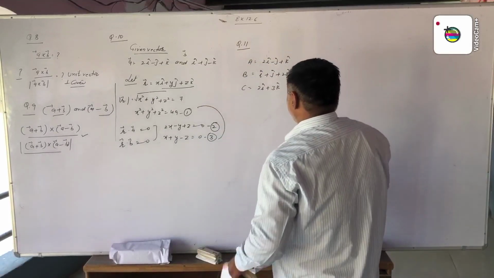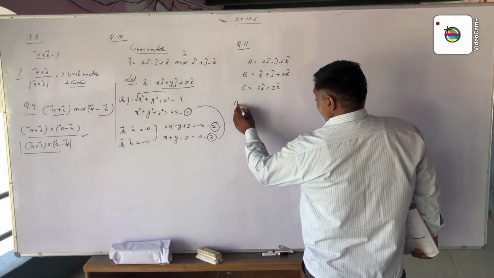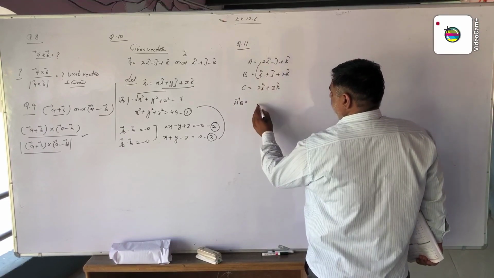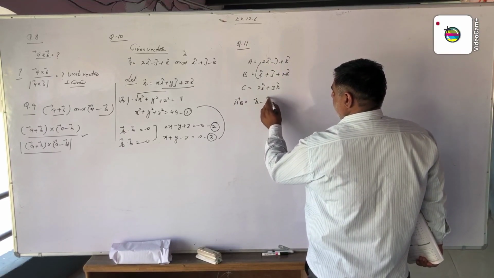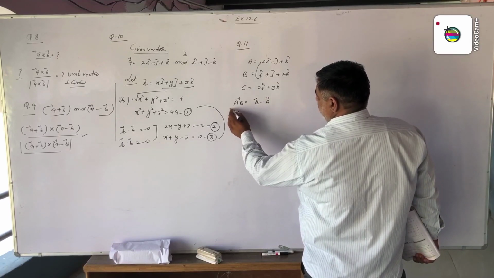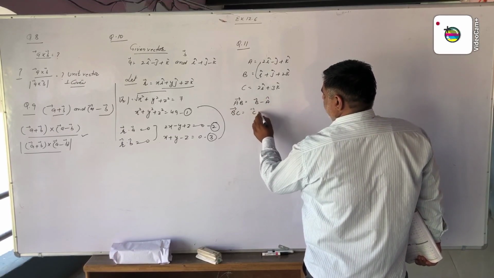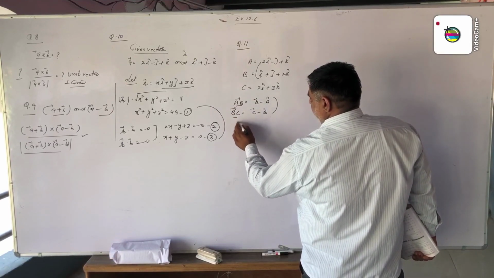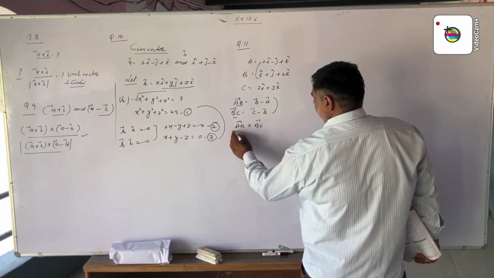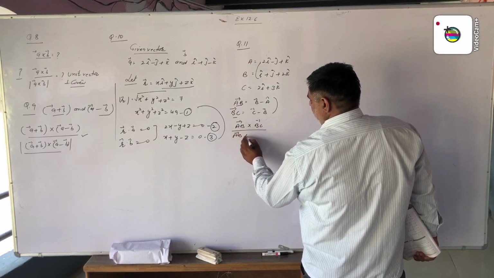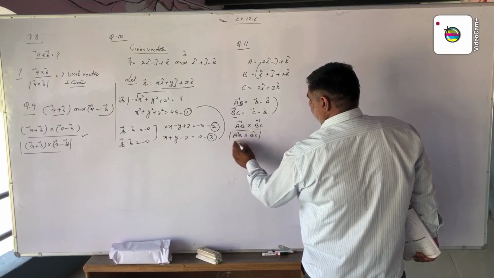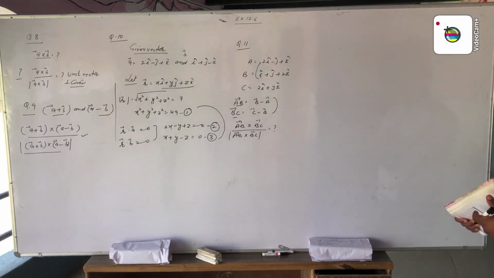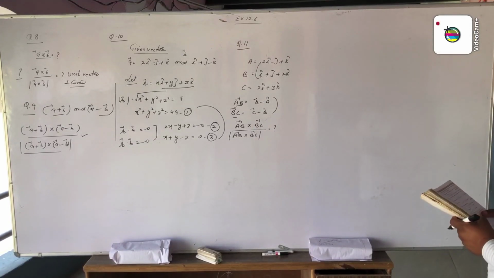Now we find vector AB first. It means vector B minus vector A. After this we find BC, which means vector C minus vector B. Then we take AB cross BC divided by the magnitude of AB cross BC. It is the unit vector perpendicular to the given plane in question number 11.